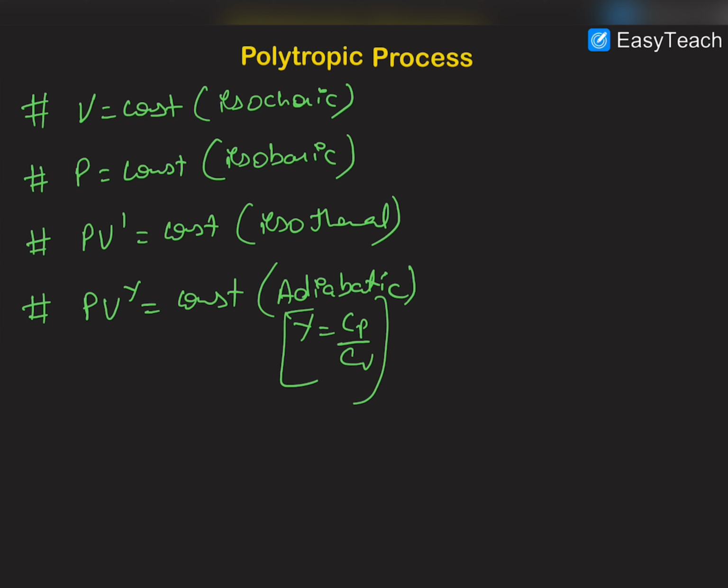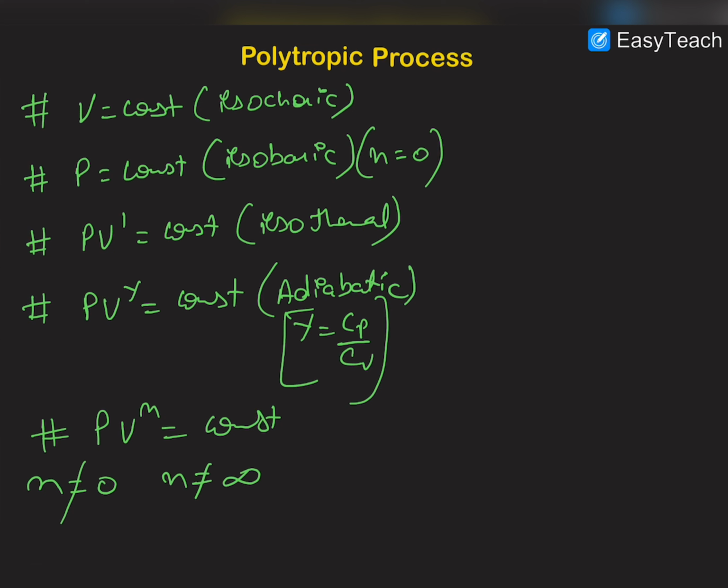Now, what if any process is PV to the power n and that is constant, and n is neither 0? If n is 0, then the process will be isobaric. If n is neither infinity, because if n is infinity, the process will be isochoric process.